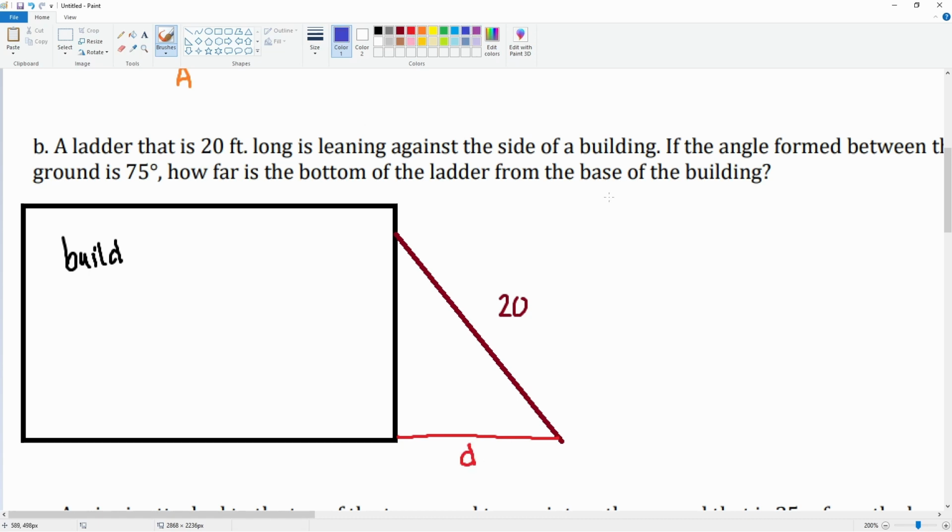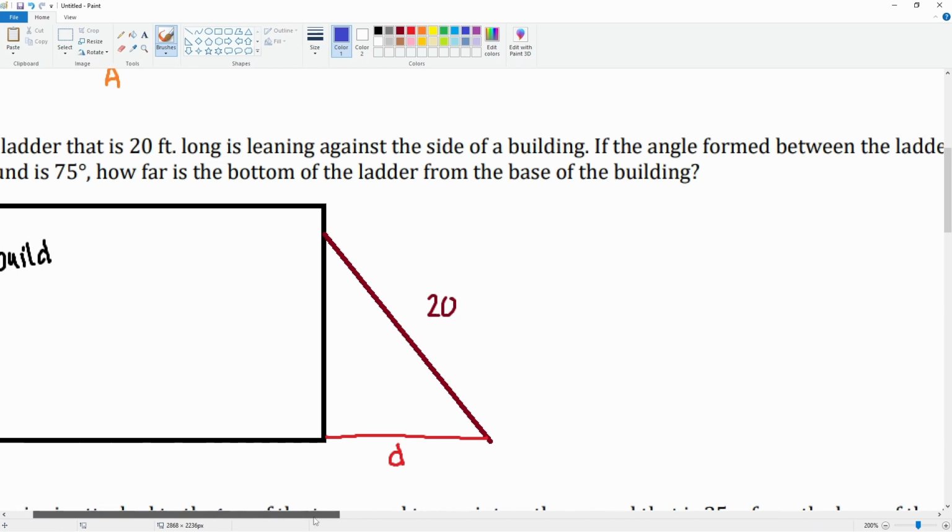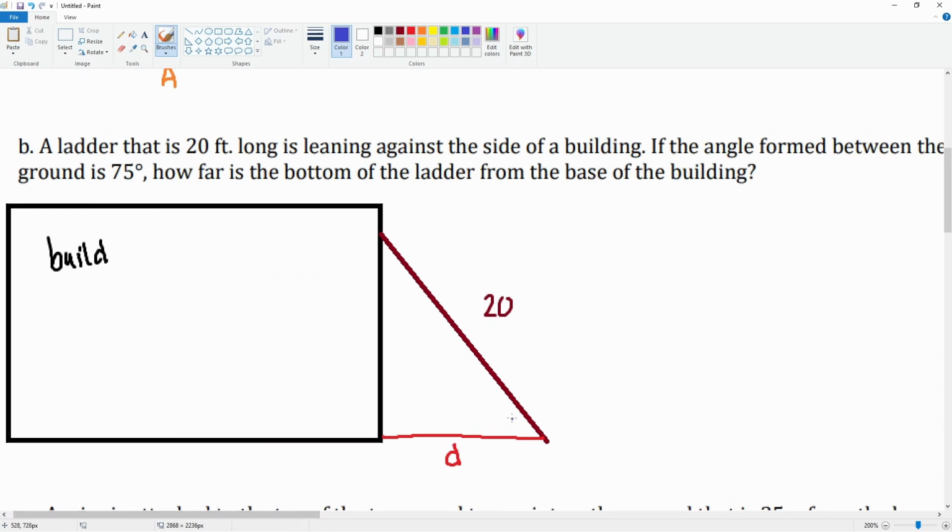And we know that the angle formed between the ladder and the ground right here is going to be 75 degrees. Okay. So we draw this triangle. The letter D is your adjacent and your 20 is your hypotenuse. That is, I think, cosine. Yes. So cosine of 75 is equal to your adjacent over your hypotenuse, which is just the letter D over 20.